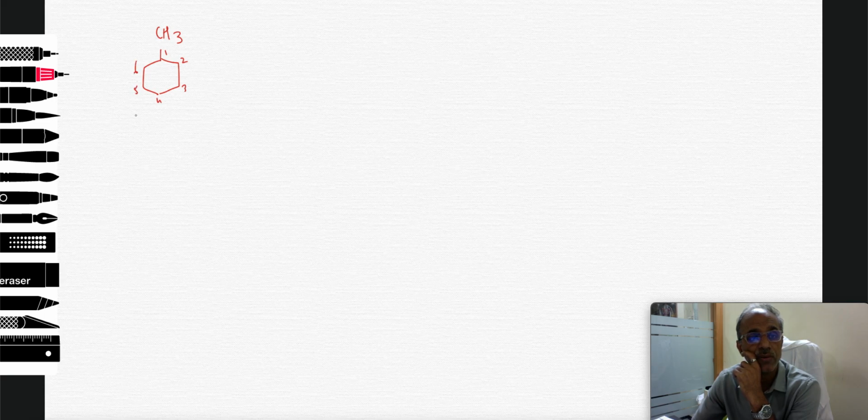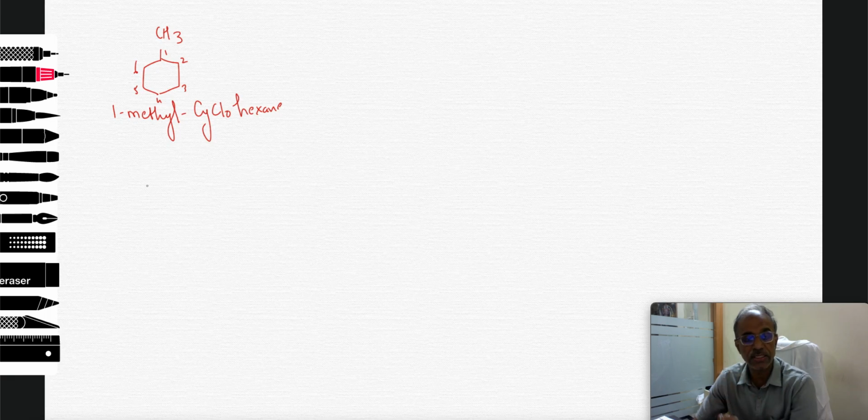So it will be 1-methylcyclohexane. Suppose another one, so this will be 1, 2. It will be 1-ethylcyclopropane.